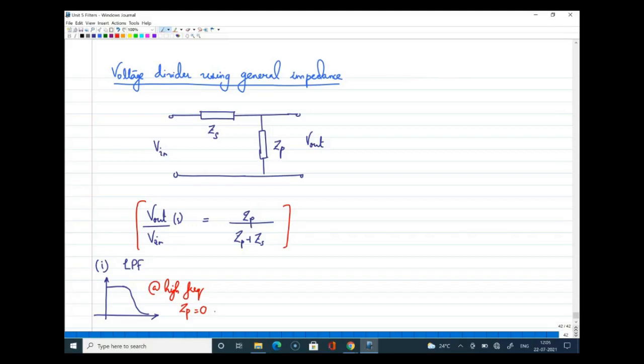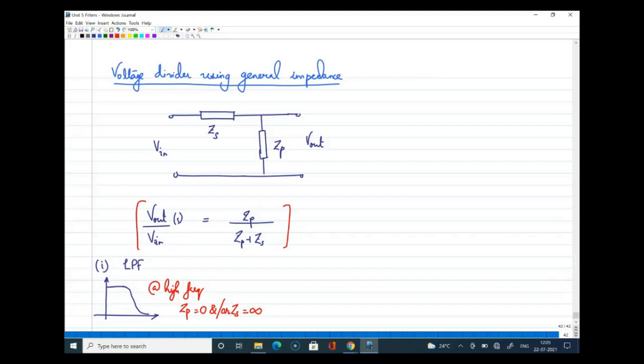Or if your Zs equals infinity, that also leads to a 0 value of the transfer function, right? So either this, or even both conditions. I'll just write and, or. Both coming together is also fine, because what we ultimately want is that your transfer function should be equal to 0 at high frequency.